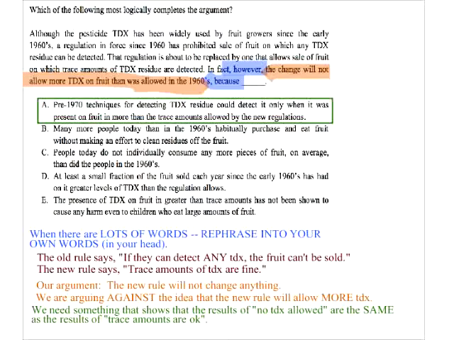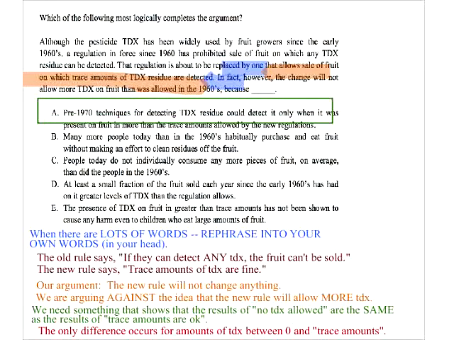So, because the only difference between these two rules occurs for amounts of TDX between 0 and trace amounts, because these are the only things that are... please don't mess with the board, thank you. Let me just take away the ability to do that, and that'll do it.